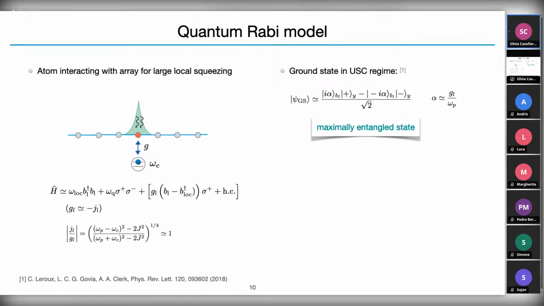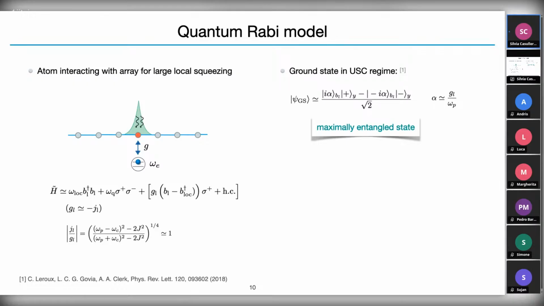In particular, it is a conditional state of this localized mode being a displaced state with an amplitude alpha, conditioned to the qubit being one eigenstate of sigma y, and the mode displaced with minus alpha, conditioned to the other state.